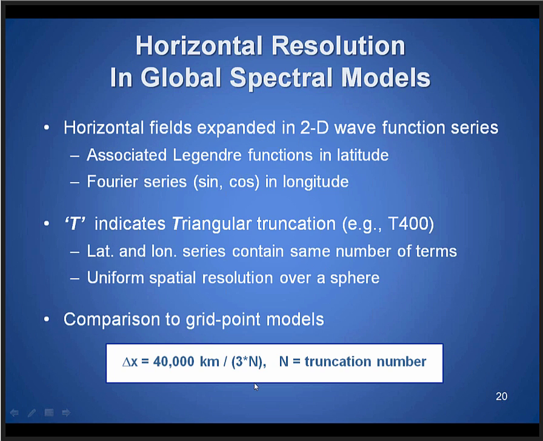And so an example here, to calculate the approximate horizontal resolution from the model, you come up with this formula here, and for a case where you've got triangular truncation of 400 waves, this would roughly equal about a 33-kilometer grid spacing. So that used to be incredibly fine scale 10 years ago. Now it's standard or a little worse on the global scale. And for mesoscale models, it's very common now to get all the way down to 2 or 3 kilometers.